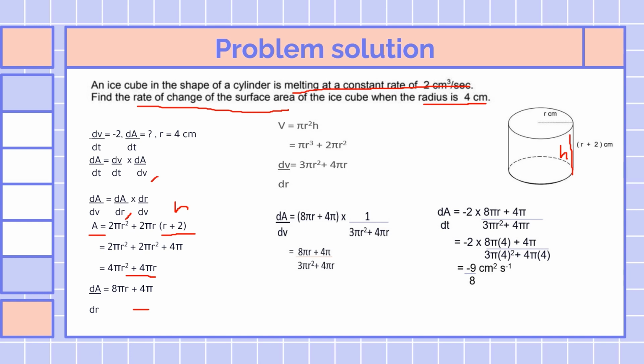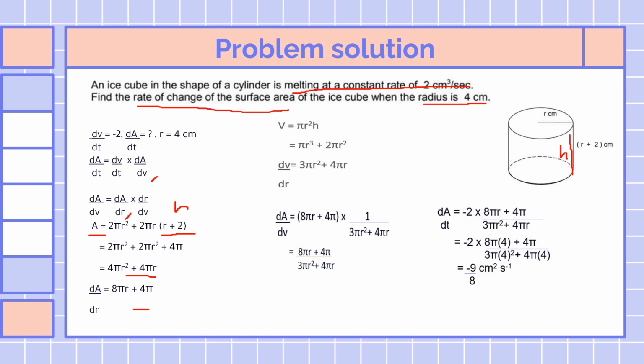Now we can find dA over dV. dA over dV is equal to 8 pi r plus 4 pi multiplied with 1 per 3 pi r power of 2 plus 4 pi r. Then we get the answer 8 pi r plus 4 pi per 3 pi r power of 2 plus 4 pi r. Then we get dA over dV.